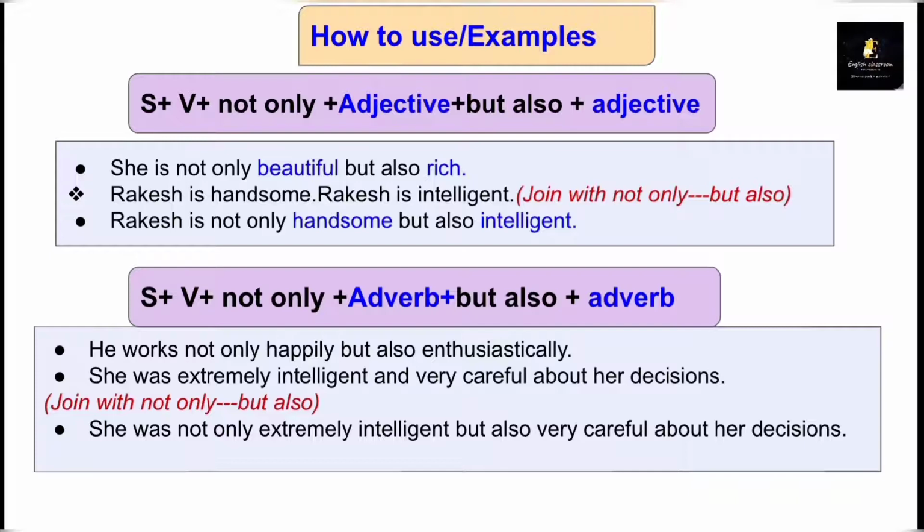Here you can find out extremely intelligent and very careful. So extremely and very, these are your adverbs. So what will be our answer? She was not only extremely intelligent but also very careful about her decisions. So we can use not only but also.